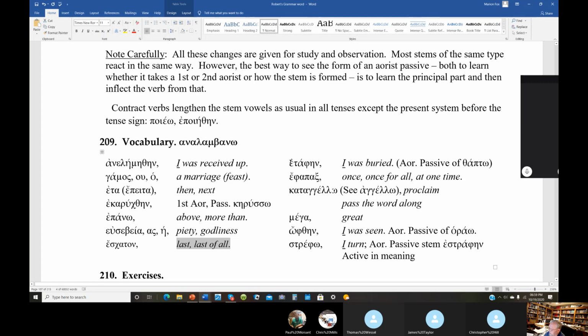Etaphain is I was buried. There's the passive of thopto, and that's aorist passive. So right here, we'd have to go back and see what our root was, but we have thopto here. Thopto may be irregular. Right. Yes, it's irregular.